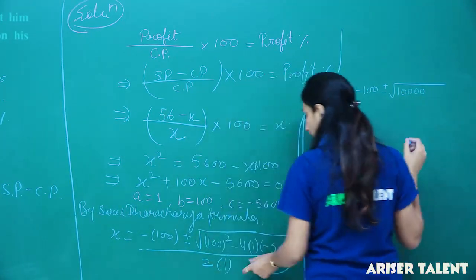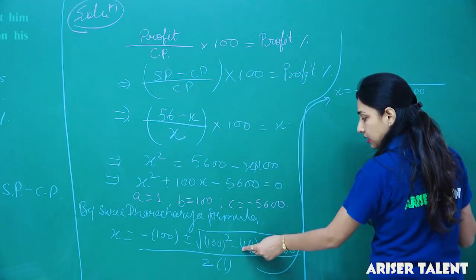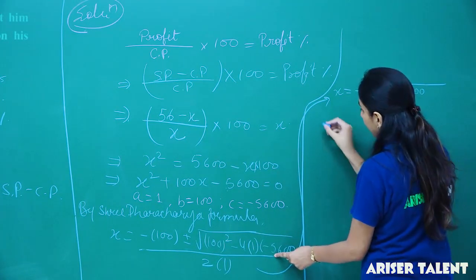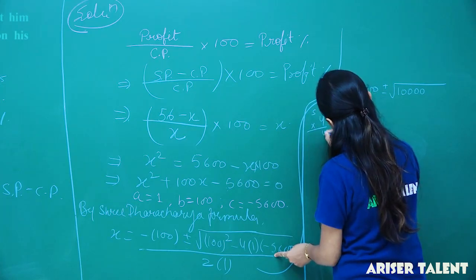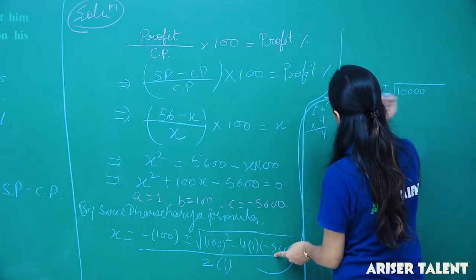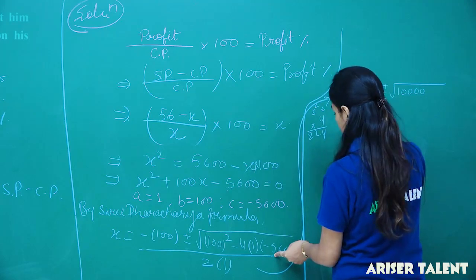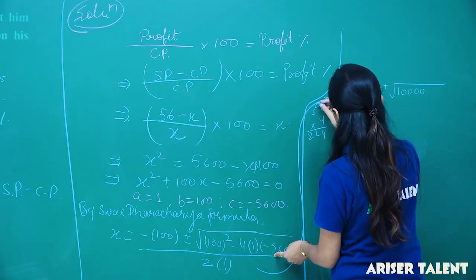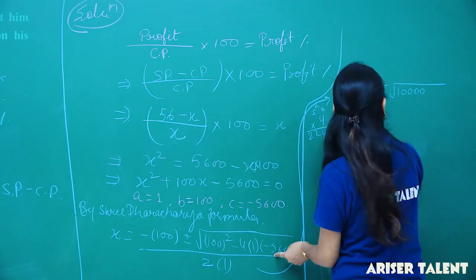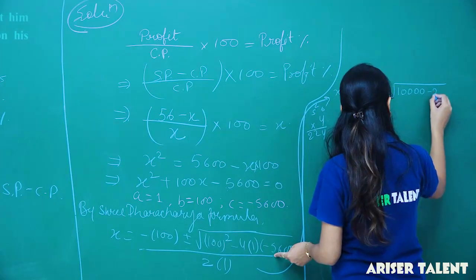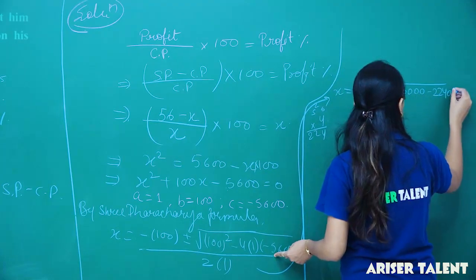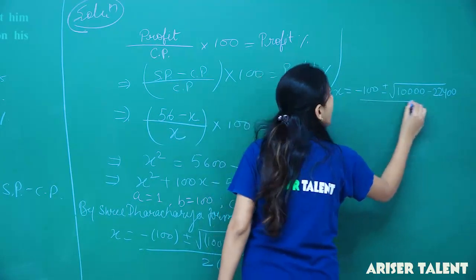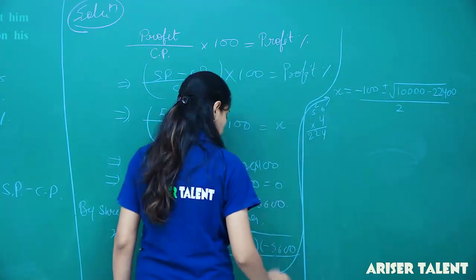Then minus and minus will become plus, so plus 4 multiplied by 56 will give me 224, so 22,400, right? Divided by 2.